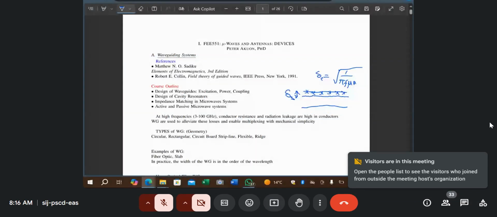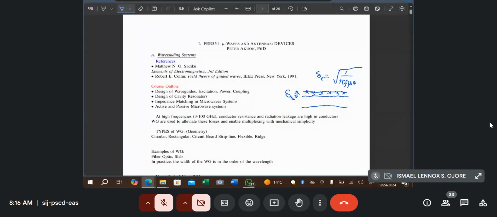At very high frequencies, where would the signals be confined? You can see it's inversely proportional to the frequency. So then it means the waves will actually be closer to the surface as compared to low frequencies. And that's why you have your radiation leakage in conductors.